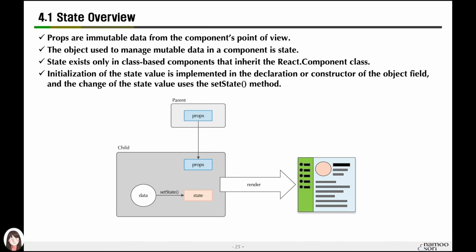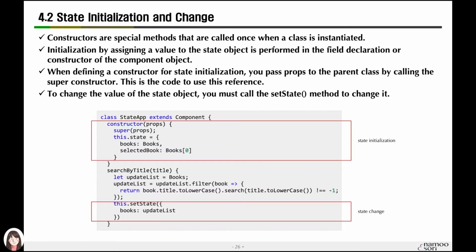So when using state, you have to decide where to do the initialization, whether in the constructor or at the part that initializes the object field. Now, as you know well, a constructor is a special method that is called when a class is instantiated. In general, in many books, initialization of state is performed in the constructor.